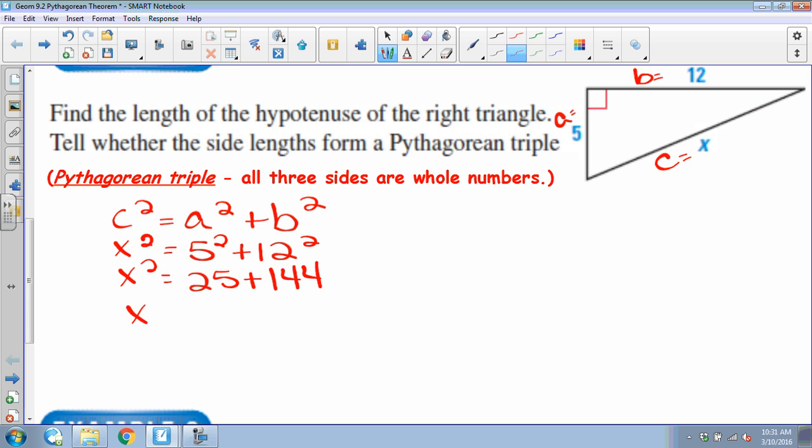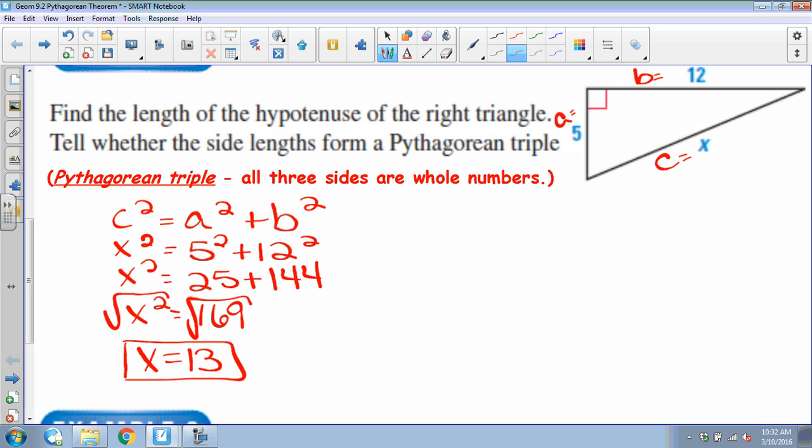So x squared equals 169. Square root both sides, right? Now normally when we square root both sides, we do plus or minus. Do we do that here? Why not? Can't have a negative length, right? So it's only the positive case that we care about. So x equals 13. So 5, 12, and 13, those are all three whole numbers. So yes, it is a Pythagorean triple.